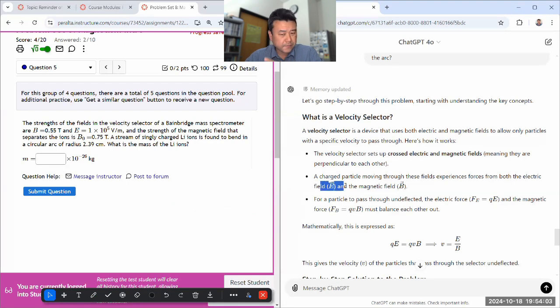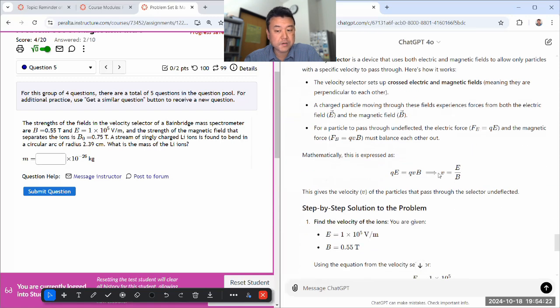The direction of the electric field doesn't matter much, but the direction relative to the magnetic field matters. For the magnetic force to be exactly qvB, instead of v cross B, the velocity vector v and magnetic field B should be perpendicular. So they must balance each other out. So set up that equation.